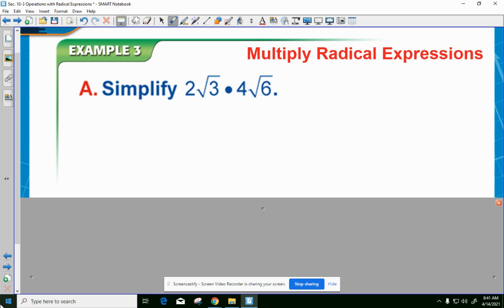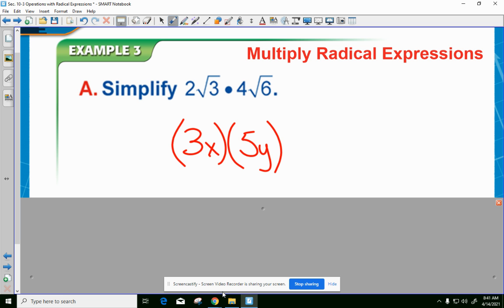Now, multiplying radicals is very similar to multiplying variables. Like the rules aren't the same. I can't do this if it's addition and subtraction. If I had 3x plus 5y, I can't do that, right? Because they're not like terms. But if I'm multiplying these two, the rules are different.